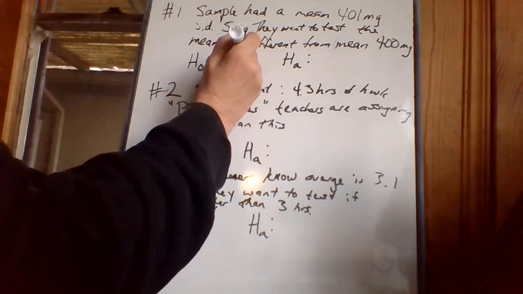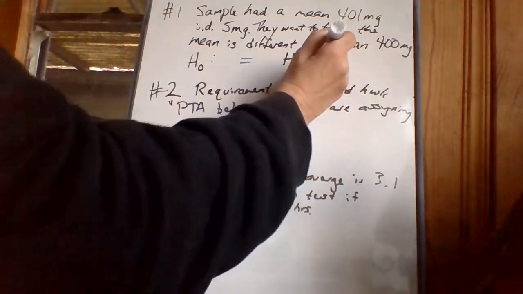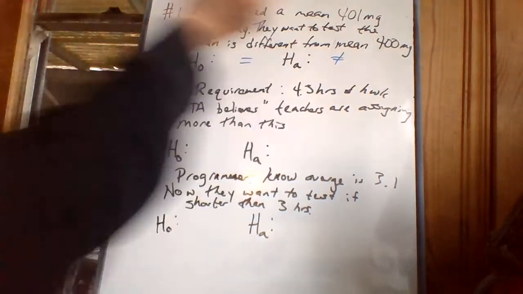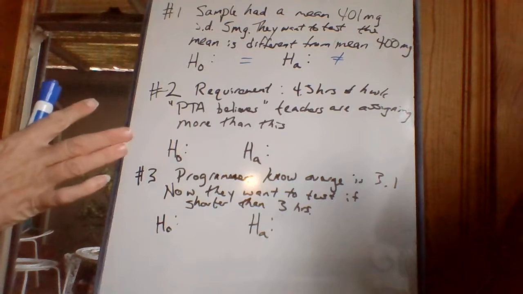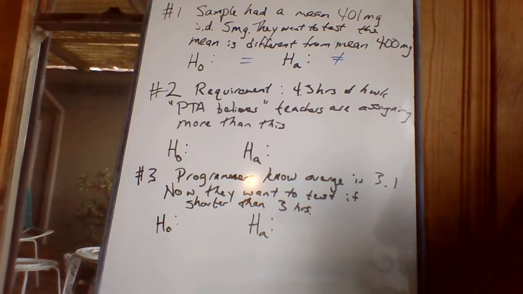All right, now whenever you do this, the equal sign always has to go with the H0, the null hypothesis. No matter exactly what they said or how they phrased it, the equal sign is going to go there.